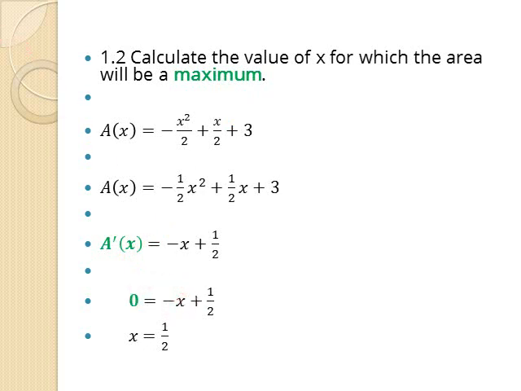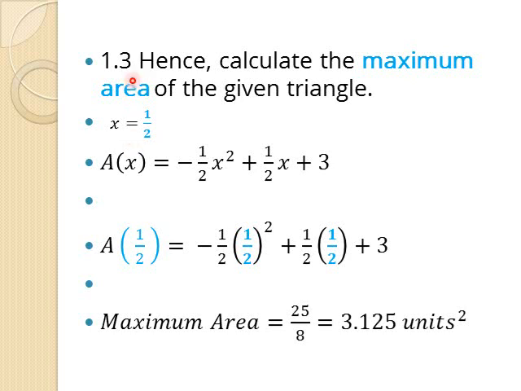Right? Then, hence calculate the maximum area of the given triangle. So we have to get the maximum, x must be equal to half, and this value will then always go back into the original equation we started with. So we had A(x) equal minus half x squared plus half times x plus 3. Substitute in half. So wherever I see x, I'm putting half.